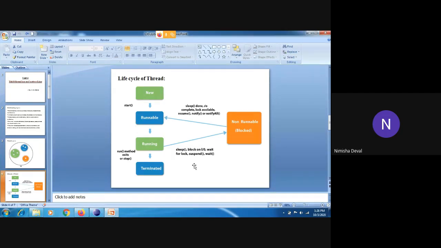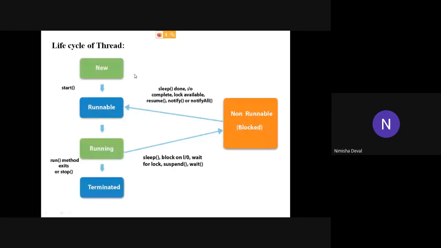According to the JVM, these are the five steps. I will zoom in. This is the first step, new. The thread is in the new state when you create an instance of the thread class but before the invocation of the start method.